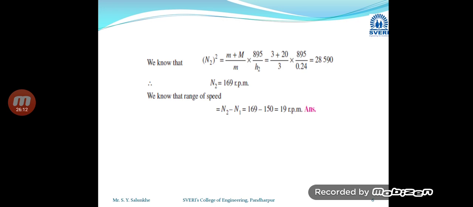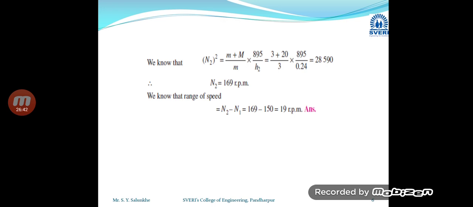So that will be equal to (3 plus 20) divided by 3, multiplied by 895 divided by 0.24, and this value will come as 28,590. And if we take the root of this, N2 is equal to 169 rpm. So this is the maximum speed at which the Porter governor is rotating.